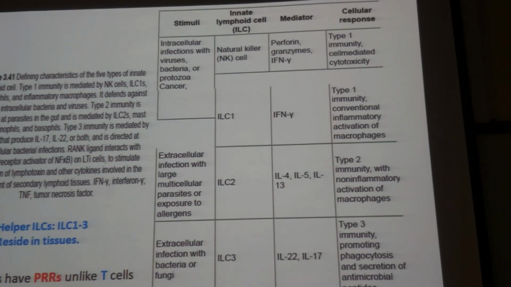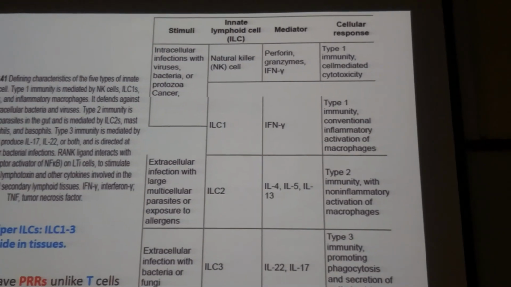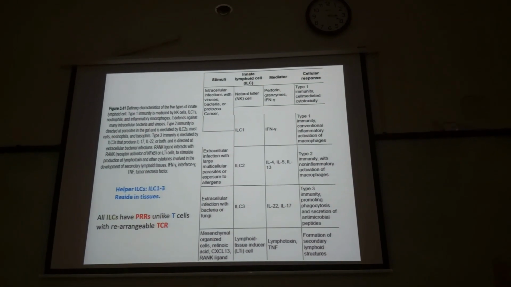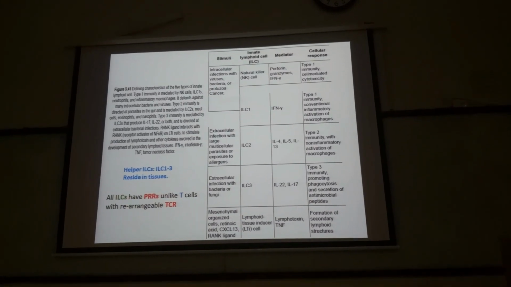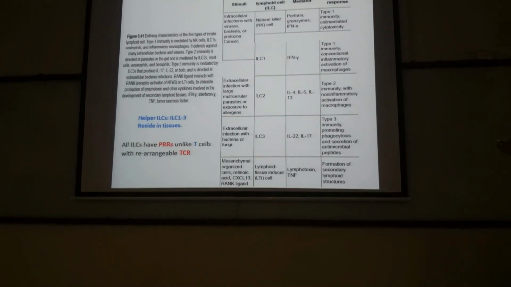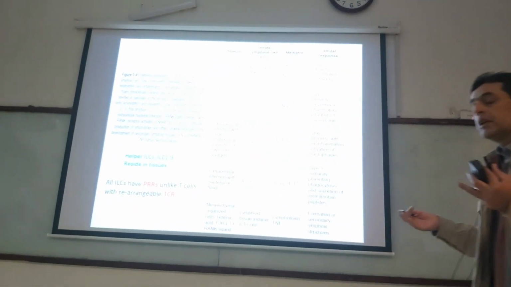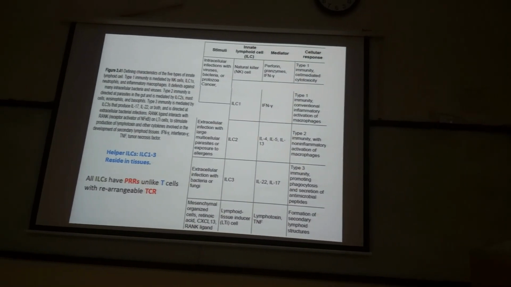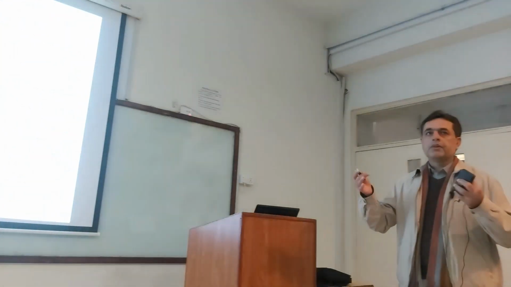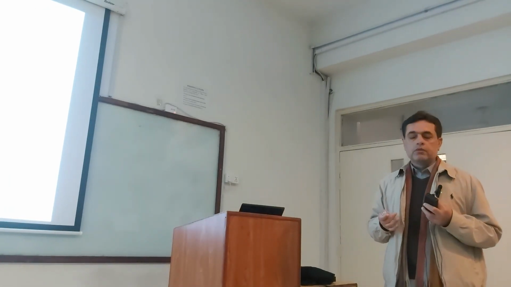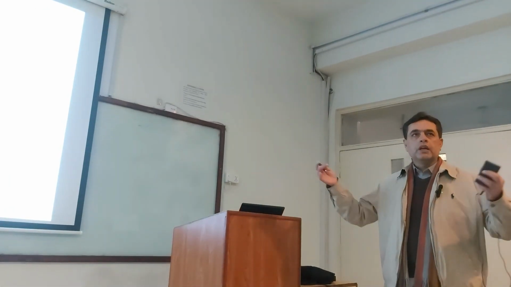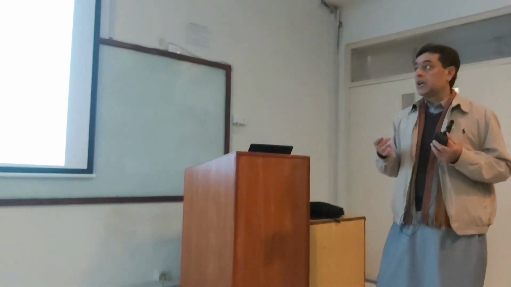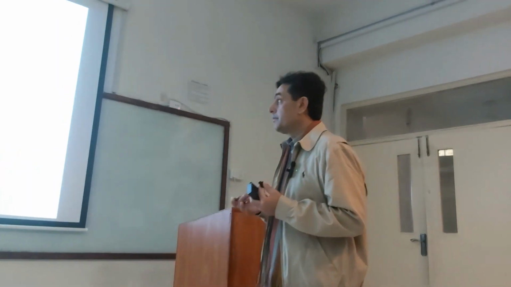And these are going to kill the pathogens in different ways. The natural killer cells are going to directly target them, and these cells are going to secrete interferon gamma to enhance this inflammatory situation, to activate the macrophages and further enhance the inflammatory situation so that the macrophage would actively secrete molecules that can invite other cells, phagocytes, to the site of infection and get rid of the pathogen.